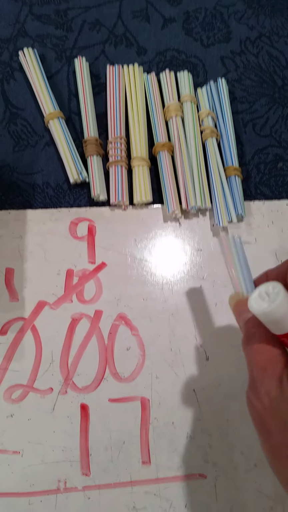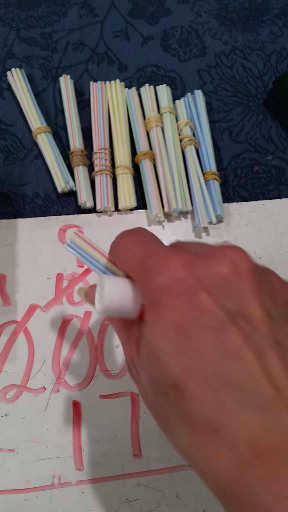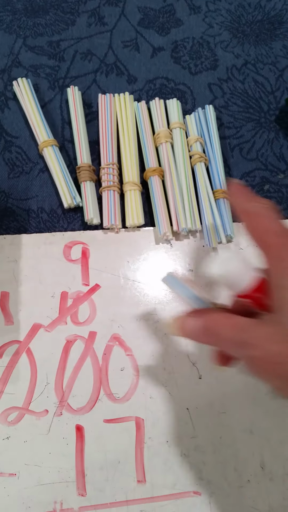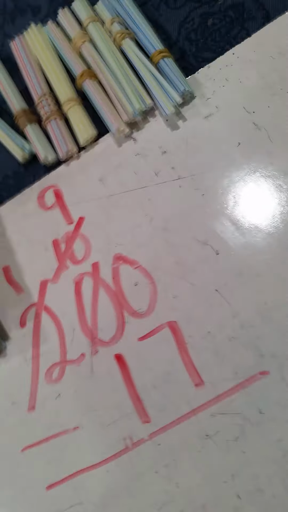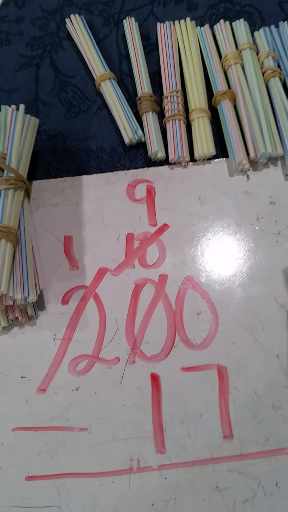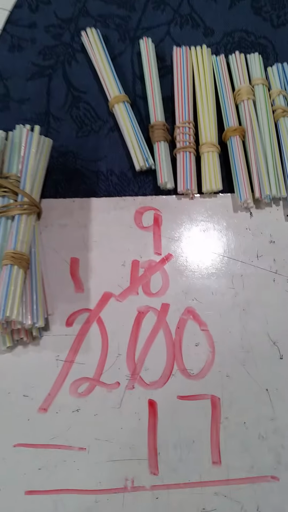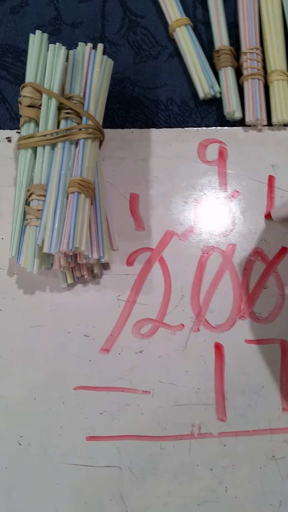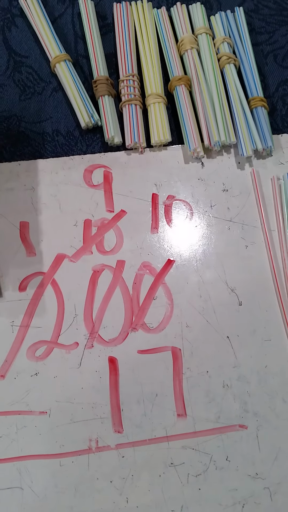I'm borrowing 1 from the tens place because now I have 10 tens to borrow from. Now I'll take the rubber band off of that, and put my 10 ones, 2, 4, 6, 8, 10 ones in my ones place. So now I have 10 ones.